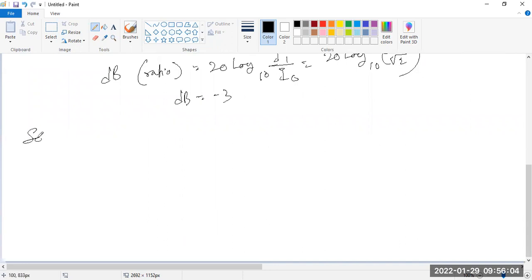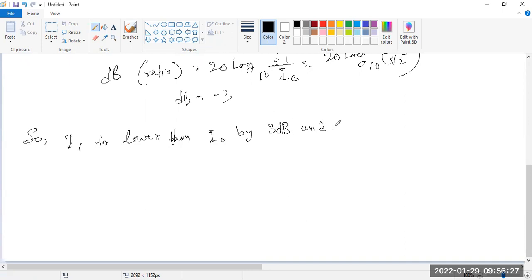So we can say that I1 is lower than I0 by 3 dB.